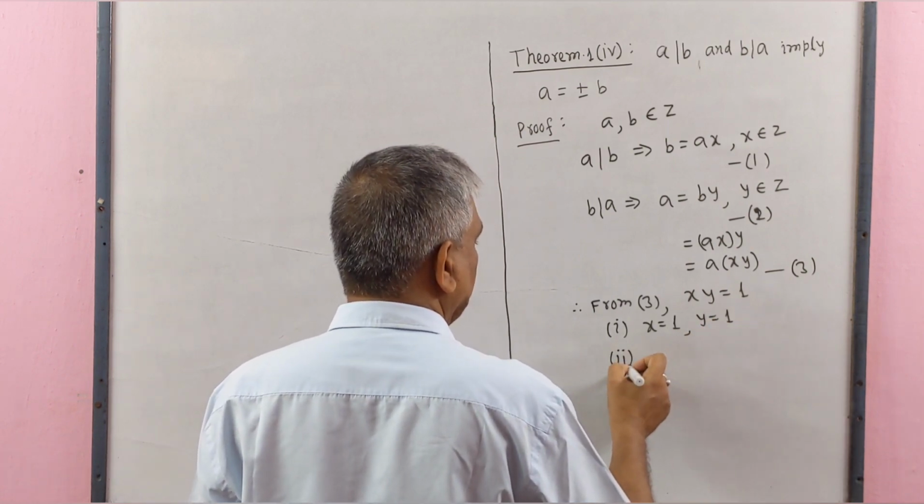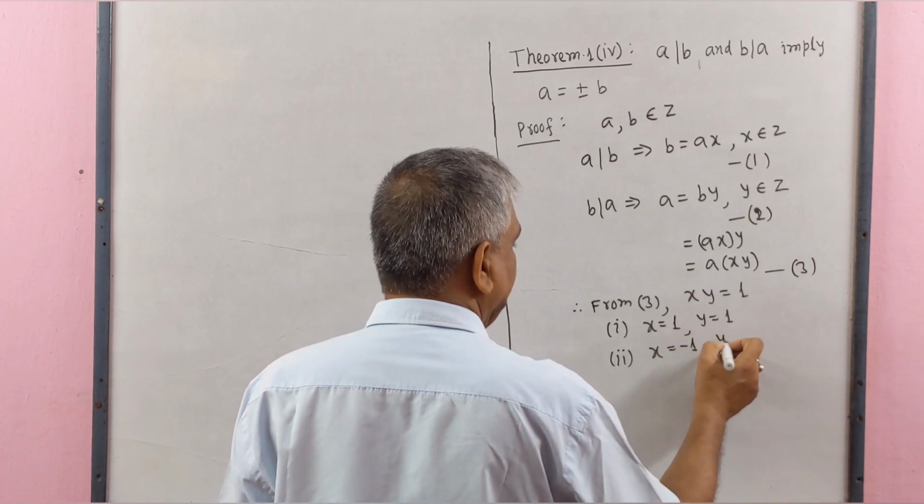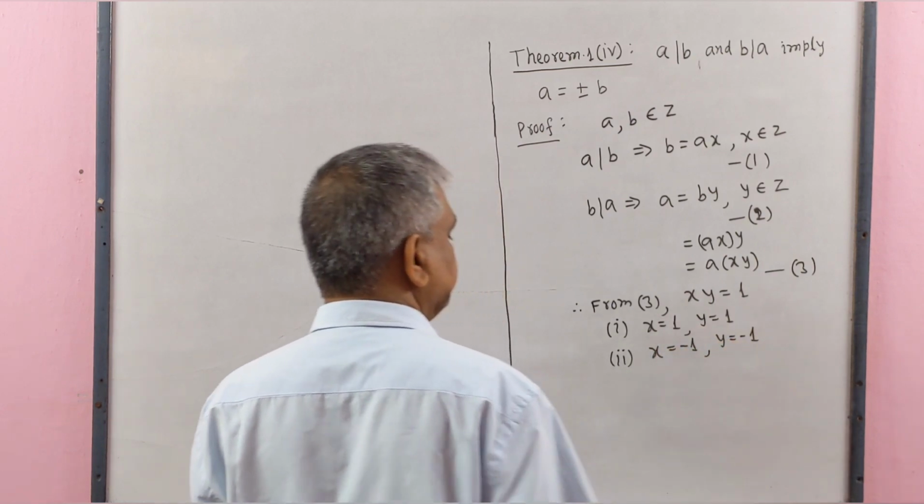Number 2, X equal to minus 1, Y equal to minus 1.